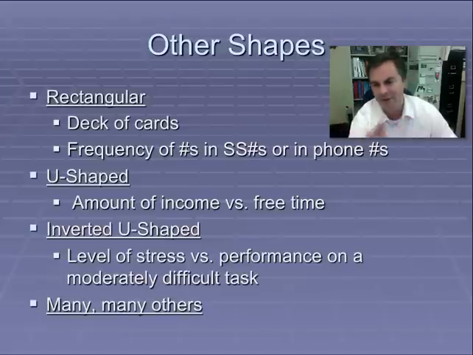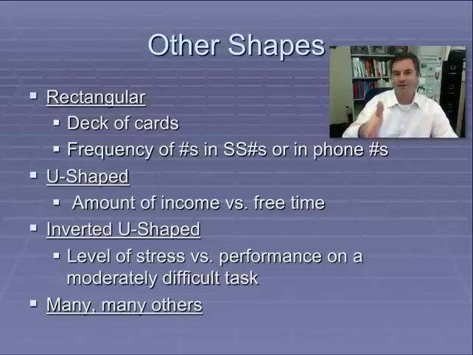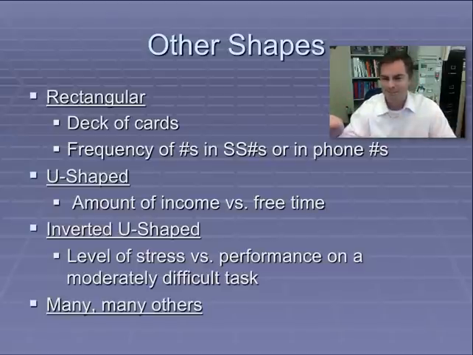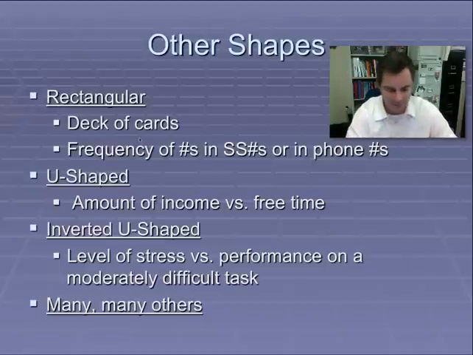They're not truly random, but the occurrence of individual digits at any one place is. You can have a 0 through a 9 at any one place in a social security number or a phone number. If you were to plot how frequently 0 through 9 occurs in the third position of a phone number, for example, it's pretty rectangularly distributed in a big population of phone numbers. So again, kind of a so-what example. They're out there, maybe not so much in psychology, but anyway, rectangular.